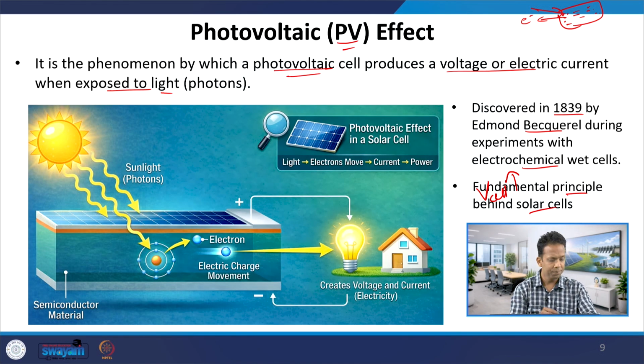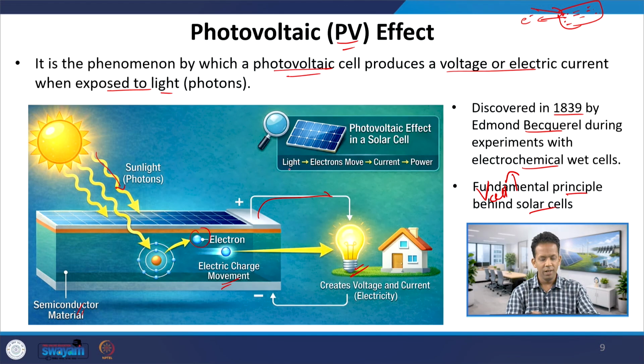You can see here in the picture, this is the sunlight or the photons incident on a semiconductor material, and the electrons get excited from a lower energy level to a higher energy level. When the material is connected to a load by an electric wire or electric circuit, the current flows.